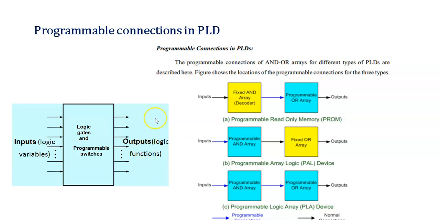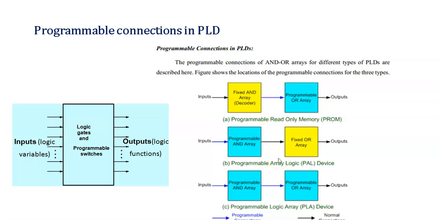Now there are different types of PLD as we have seen in the previous lecture, that is programmable array logic, programmable logic array, and PROM. The basic logic device here is the AND array and OR array.